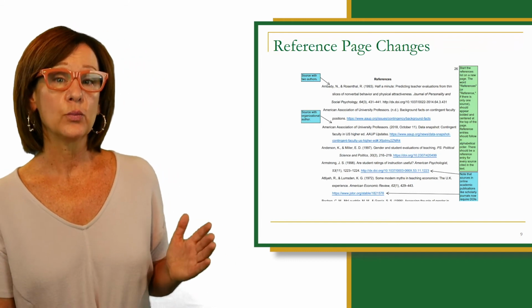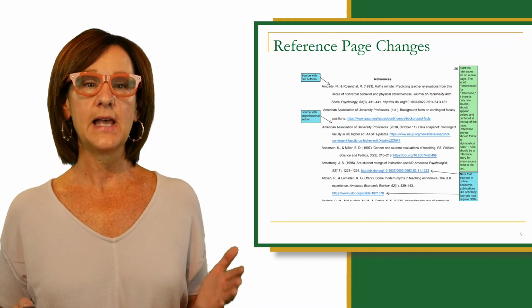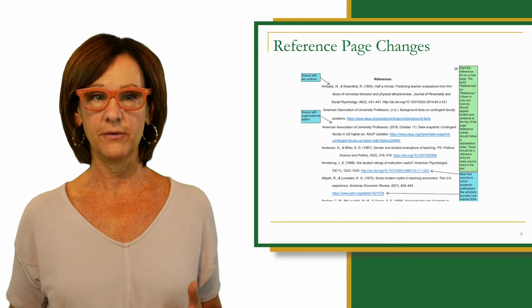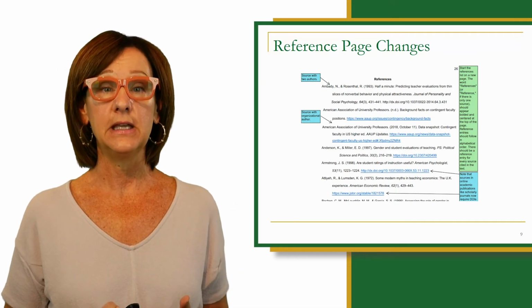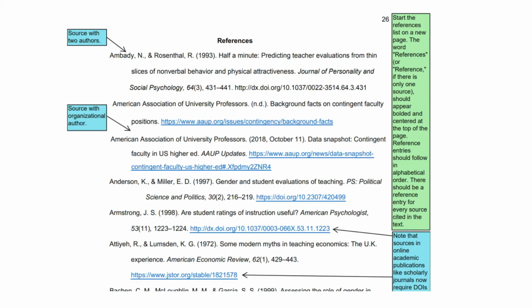Some changes to the reference page. You know that you always have to put together a references page at the end of your paper. Now, certainly, there are, again, changes that go beyond what I'm showing you here. This is mainly about formatting, and really the biggest thing is that you now bold the term references.